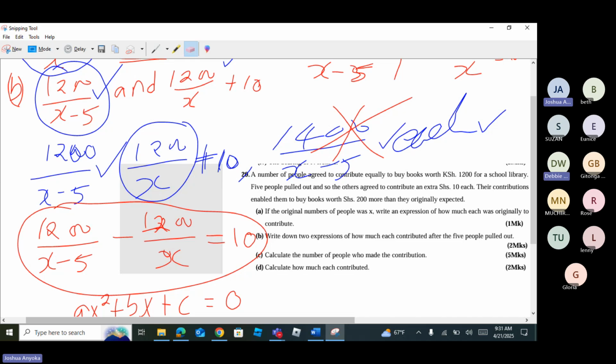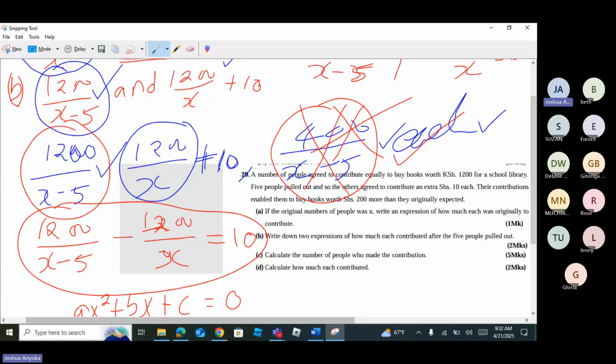Tunaweza sema books. The books are the ones which are more. So it's like this expression, that's the assumption I was making. This expression resembles this. But another person is giving us another version that it is 1200. This one, I'm not in agreement properly with it unless we investigate further.